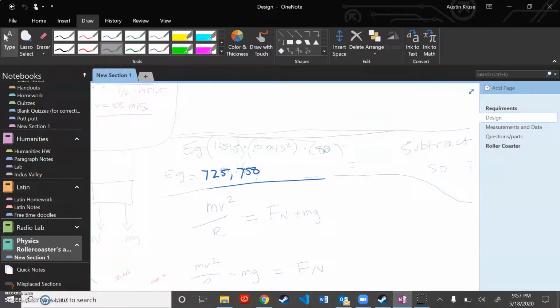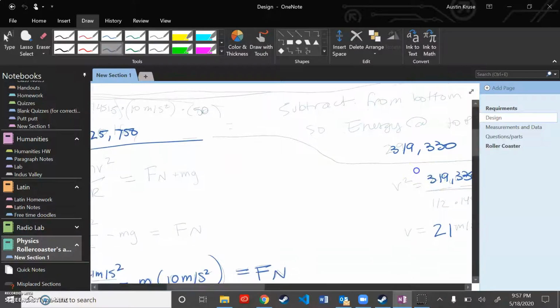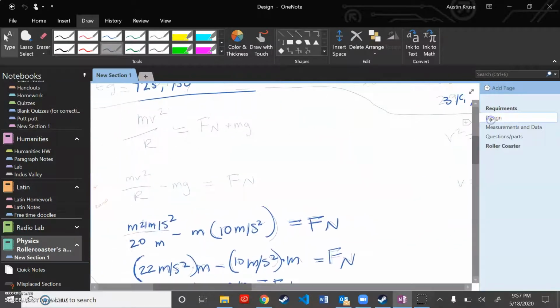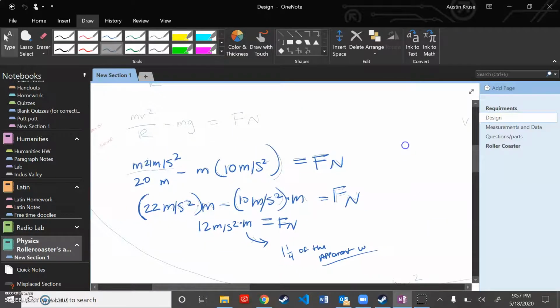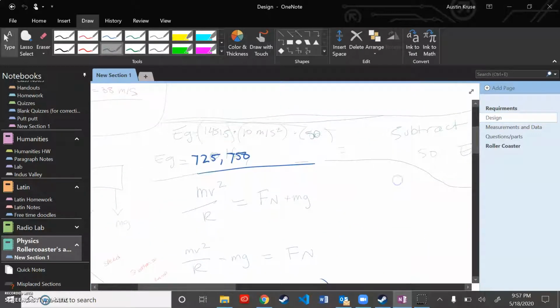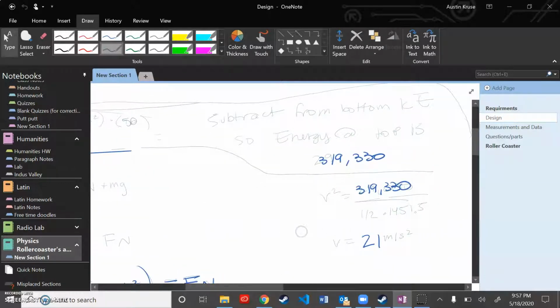So we found out the GPE again, and we subtracted them, and we got our, this is a mess. Yes, okay, yeah. We got our GPE, and then we subtracted them from the top. We got our velocity.